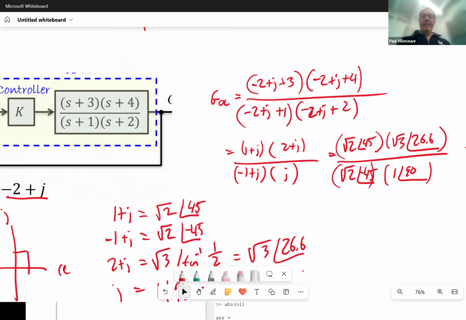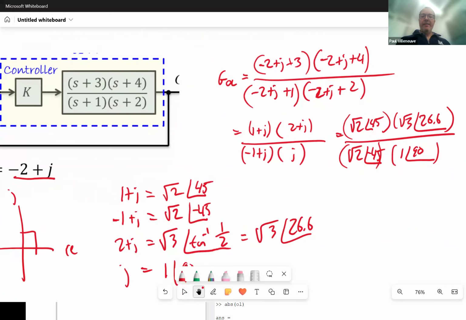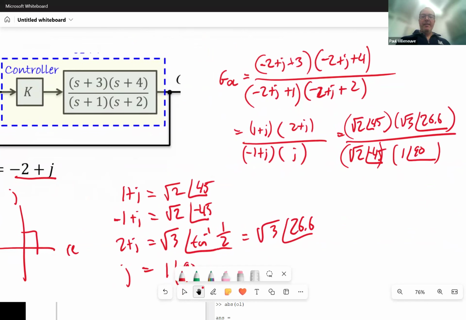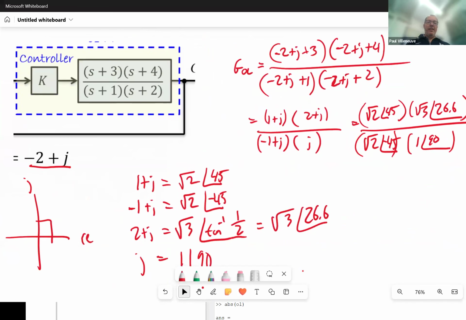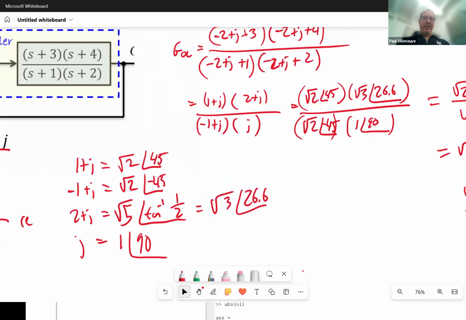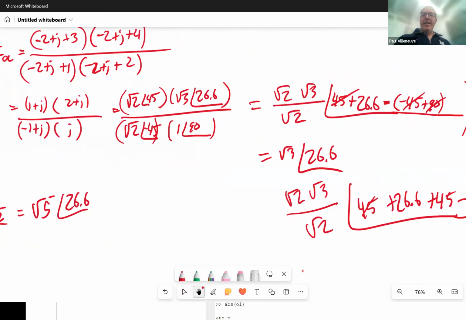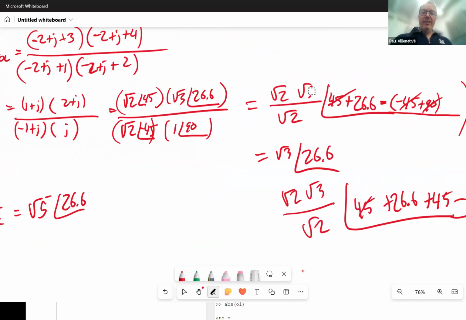Oh, yeah. No, you're right. That's not square root of 3. What is the magnitude? It's 2 squared plus 1 squared, which is the square root of 5, not the square root of 3. Thank you. And that means I have to erase this and this and this.